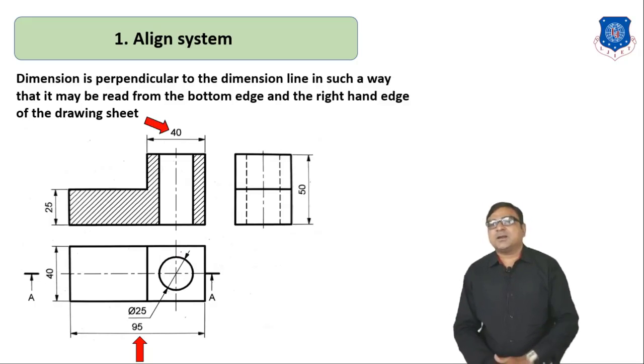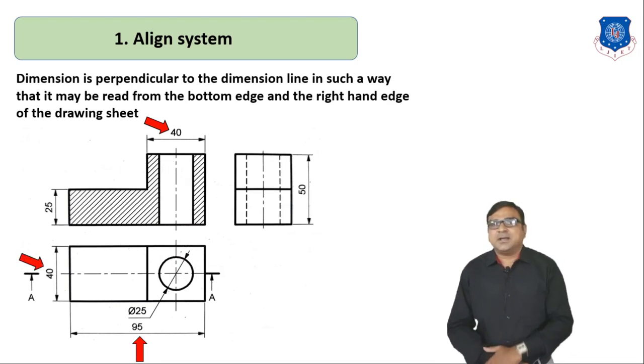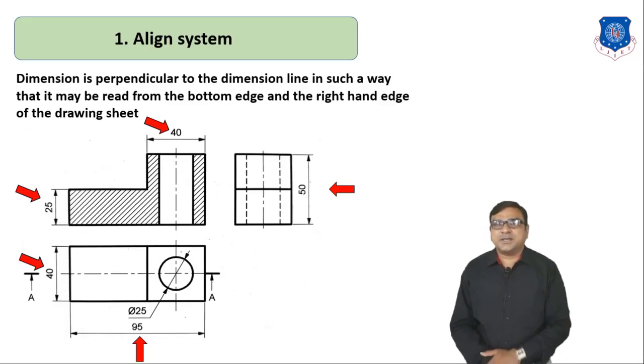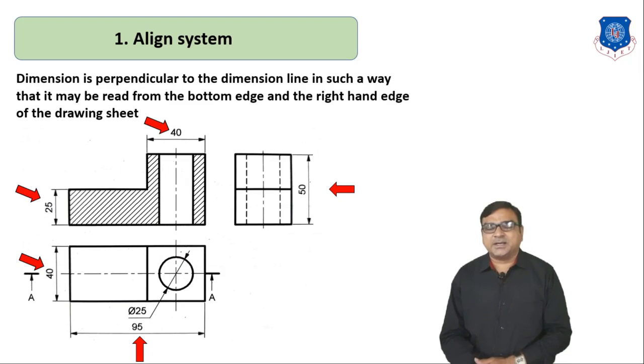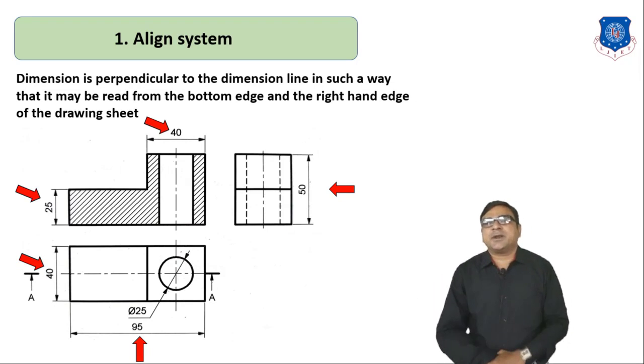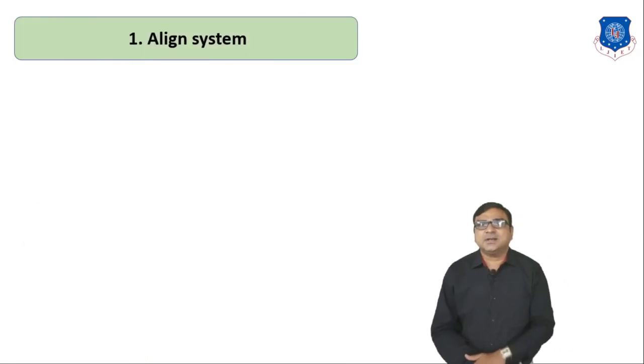So here the numerical value is perpendicular to the dimension lines, and when you insert the dimension of the height of the object, it must be perpendicular to the dimension line, but here the dimension line is vertical, so the numerical value is always perpendicular to the dimension lines, which is shown here.